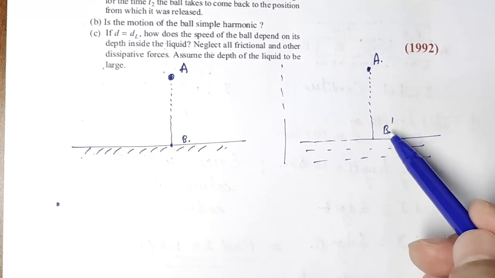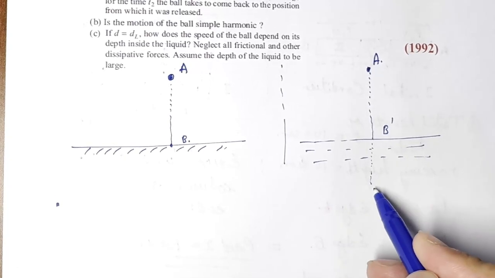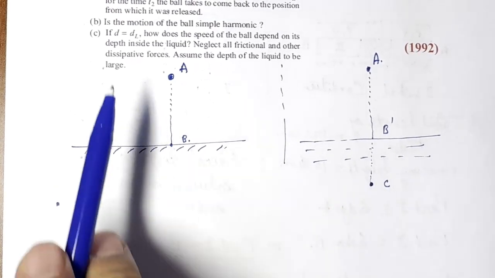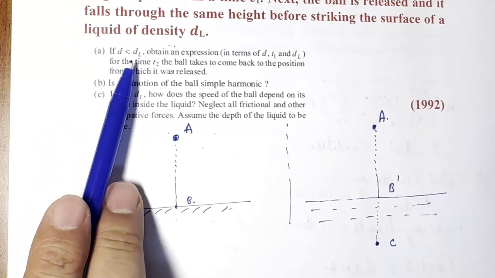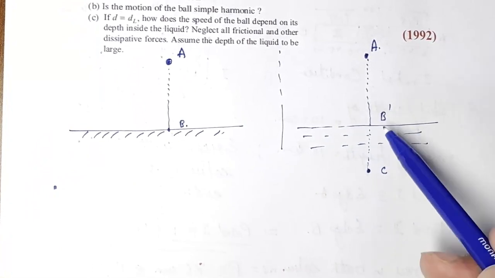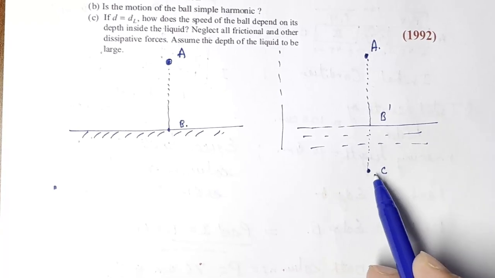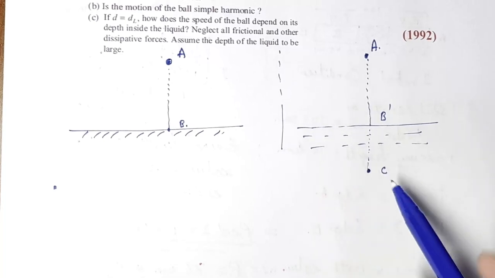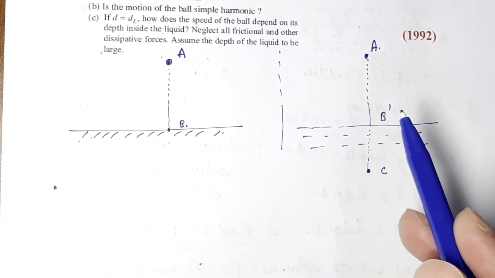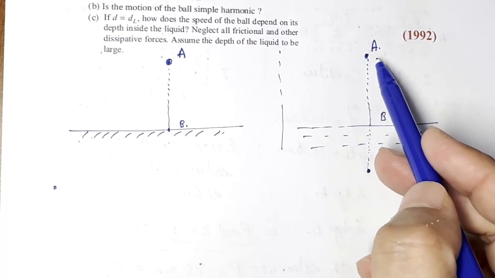Obviously it is going to enter the liquid and travel some distance, say up to C, and because the density of this ball is less than the density of the liquid, from B prime to C the ball is going to decelerate. At this particular point the velocity of the ball becomes 0, and after that it is pushed upward because of the buoyant force, and it retraces its path up to point A.